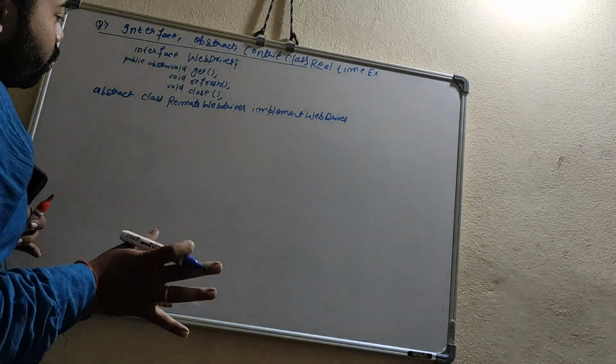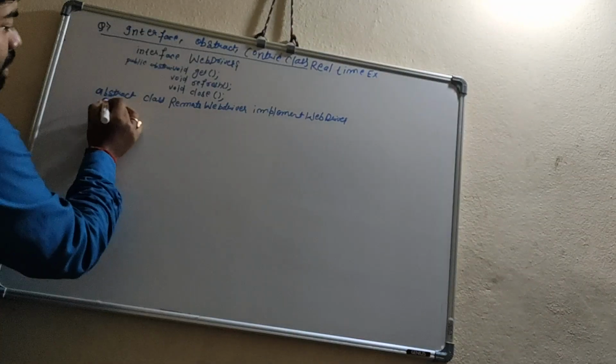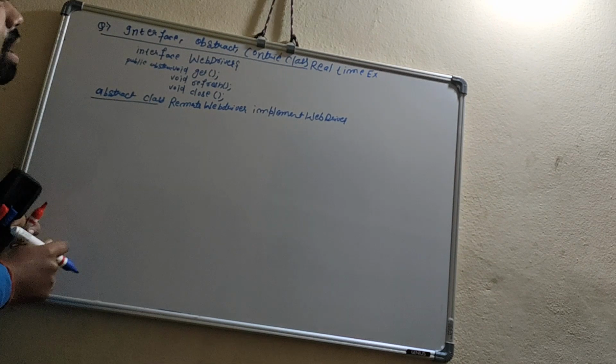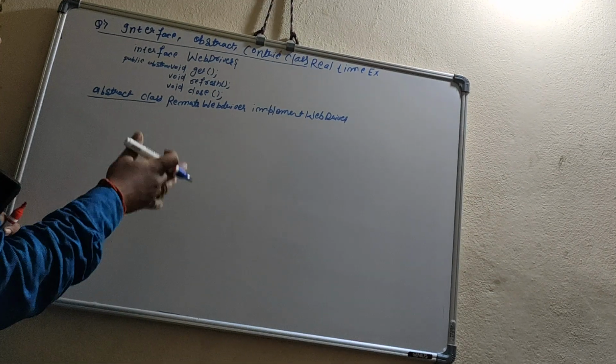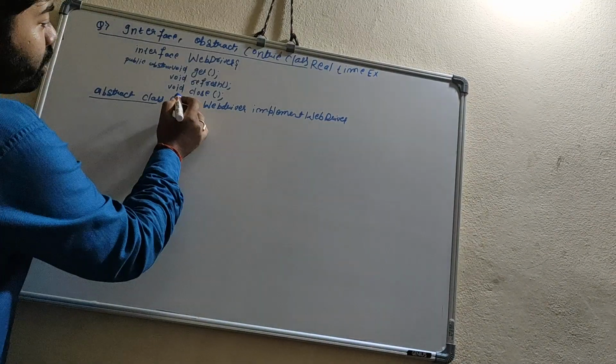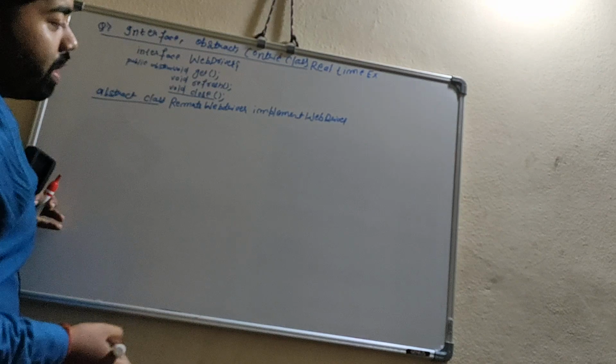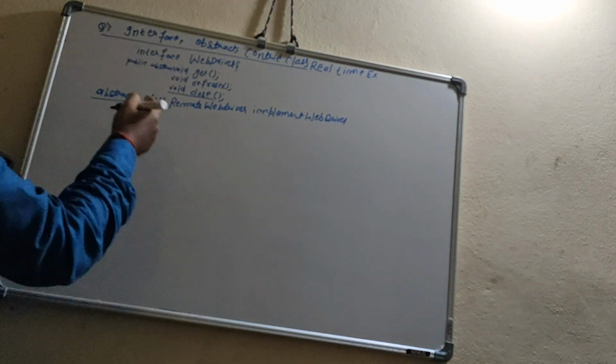As you know, inside this abstract class we provide the common implementation, all the common implementation for the subclasses. So I'm going to provide the common implementation of close.